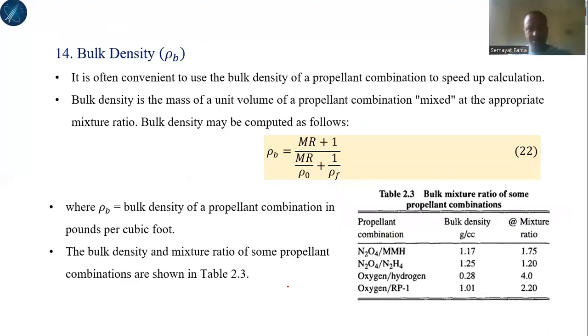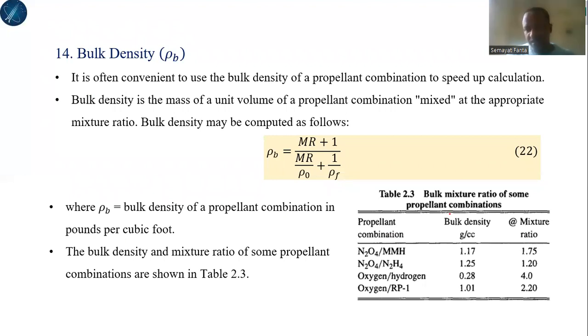There is also sometimes a bulk density concept in use. It is mixture ratio plus 1, over mixture ratio over density of oxidizer plus 1 over density of fuel. That is called bulk density.